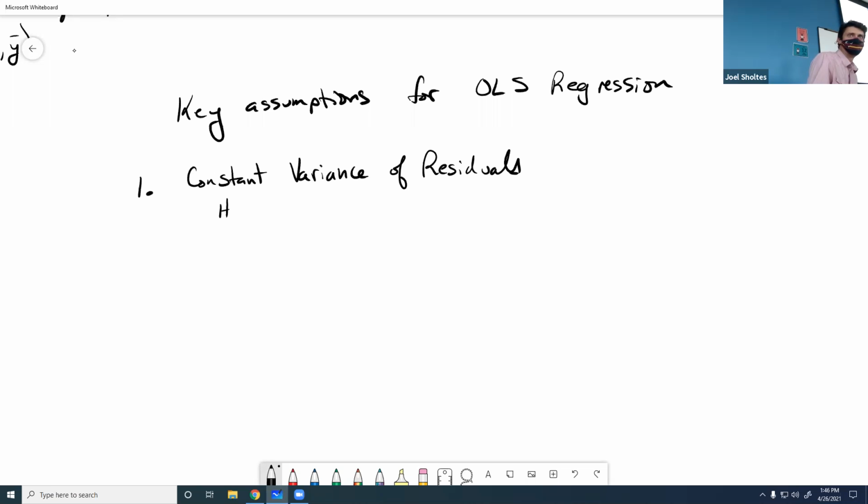This is also known as, and this is a mouthful, homoscedasticity, as opposed to heteroscedasticity, right? So homoscedasticity means that we have a constant variance of residuals.